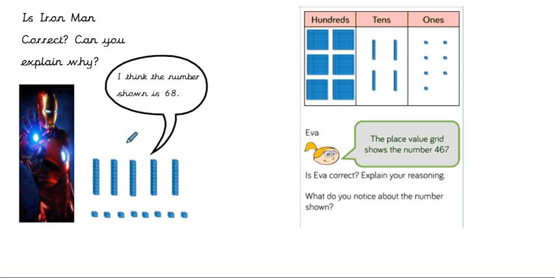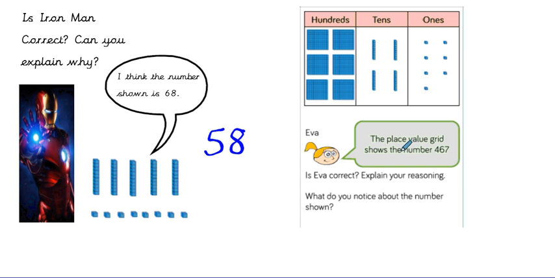Have a look at this question. Iron Man thinks this number is shown as 68. And here, Eva says the number shown in the place value grid is 467. So let's have a look at this number to start with. 1, 2, 3, 4, 5, that's 5 tens, so that's 50, and 8 ones, 58.